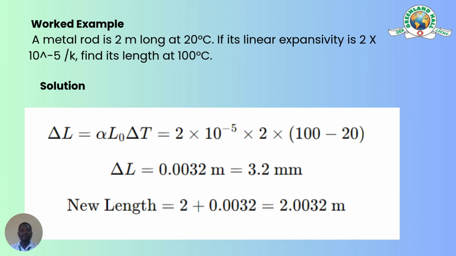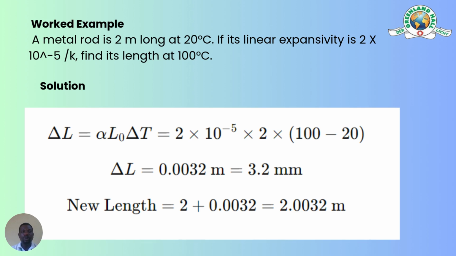From here, we have the coefficient of linear expansivity to be 2 times 10 to the power minus 5. Then the original length is 2 meters. Then the change in temperature will be 100 degrees minus 20 degrees to have 80 degrees Celsius. So when you multiply, it will be 3.2 millimeters.